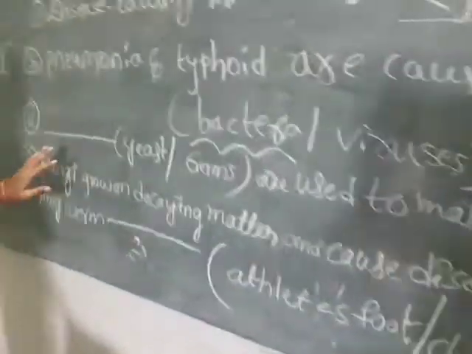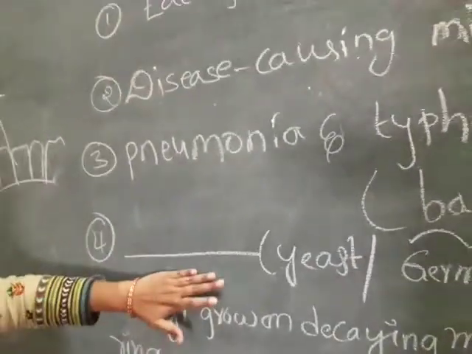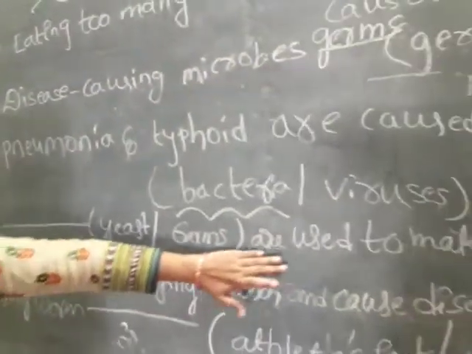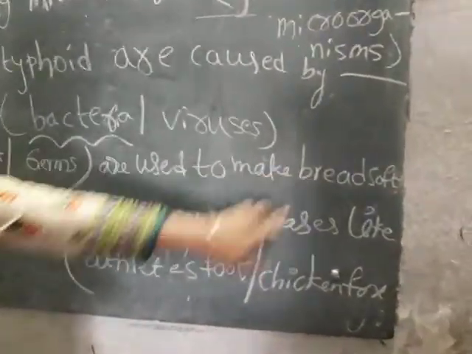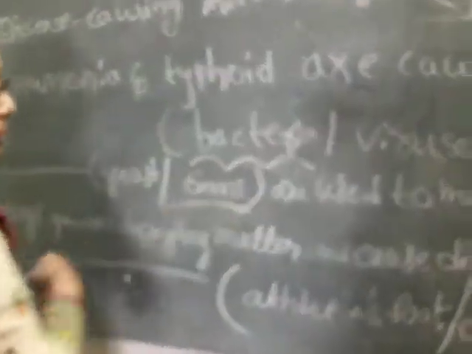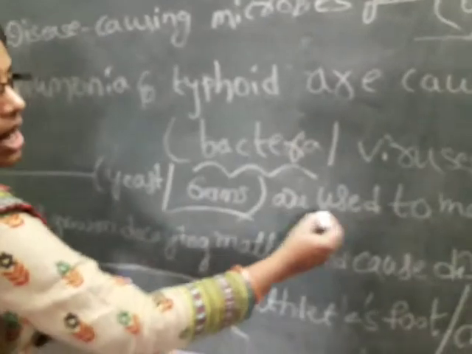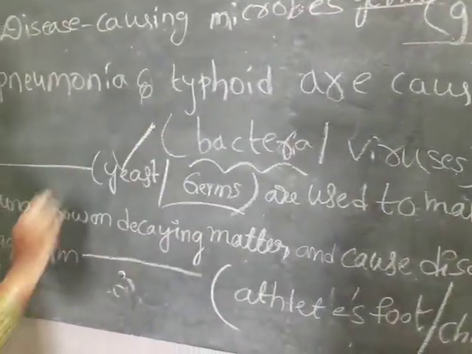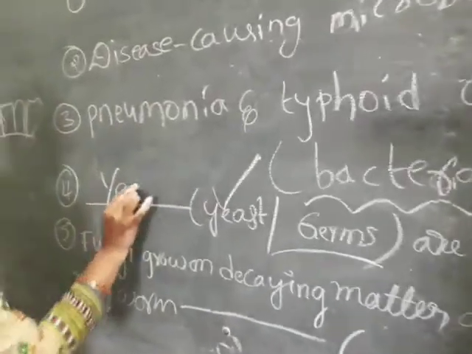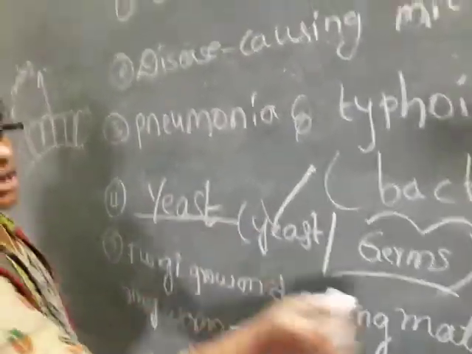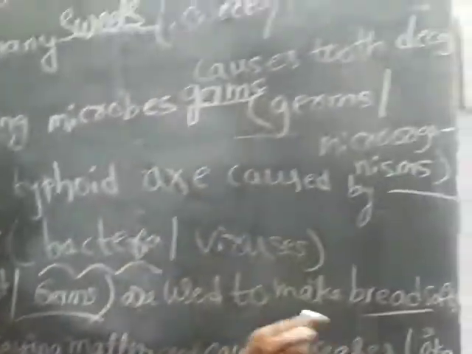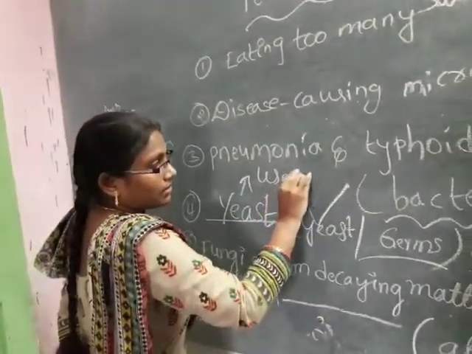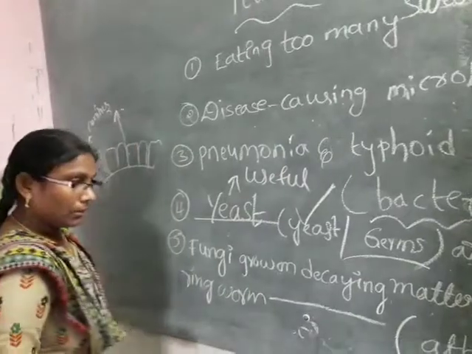Next, fourth one: yeast and germs are used to make bread soft. Germs are harmful to us, but these are used to make bread soft. Yeast is the correct answer. Yeast is used to make bread soft. It is a useful microbe.